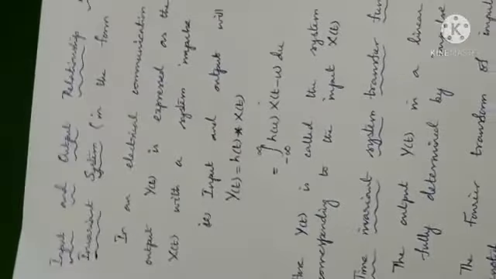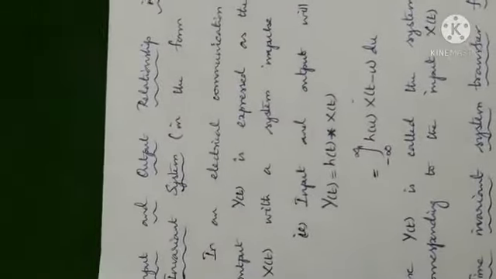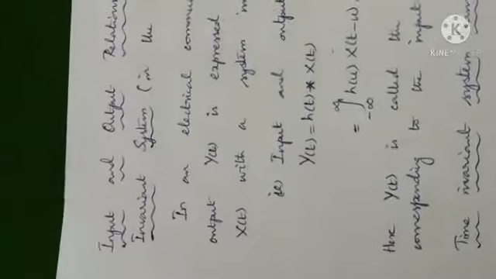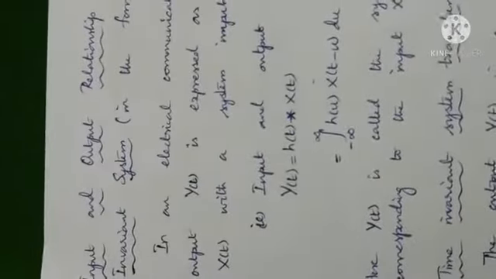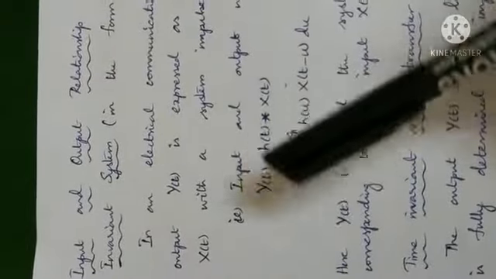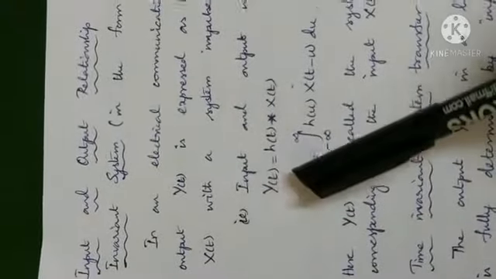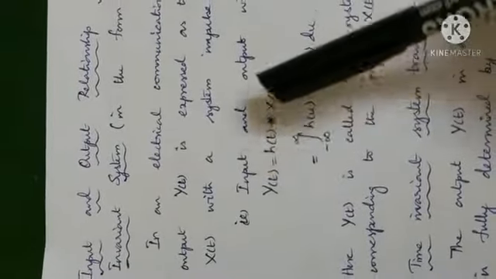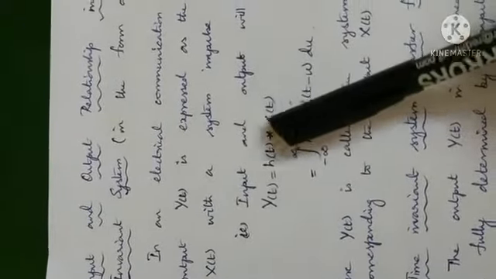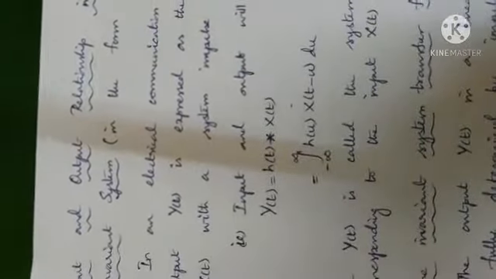Listen here. Input and output relationship. What is the relationship between input x of t and output y of t? The relationship between them is y of t equals h of t convolution x of t. This star is the notation for convolution.